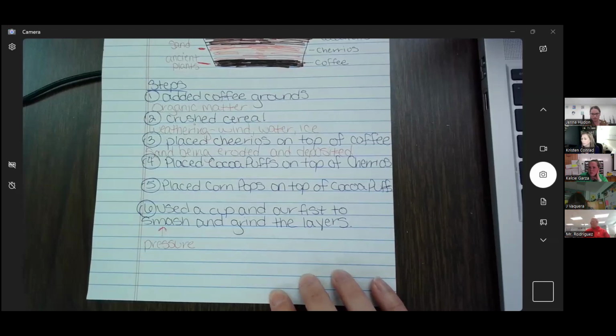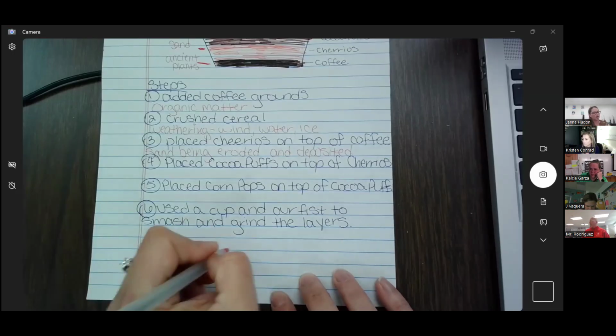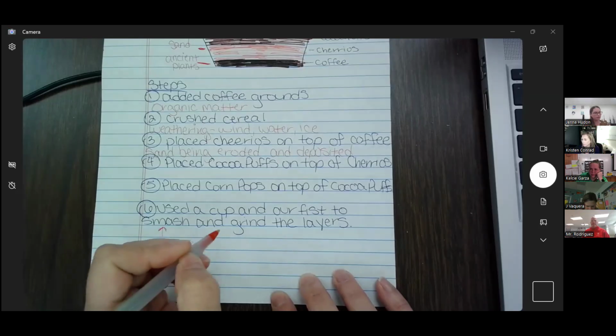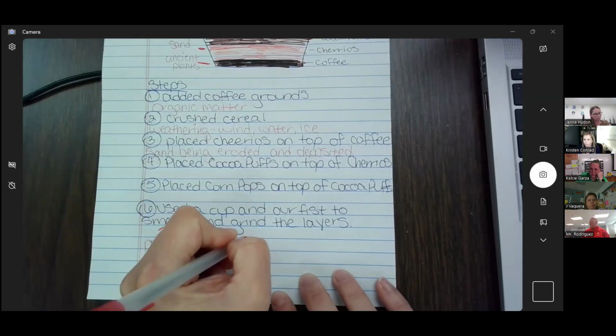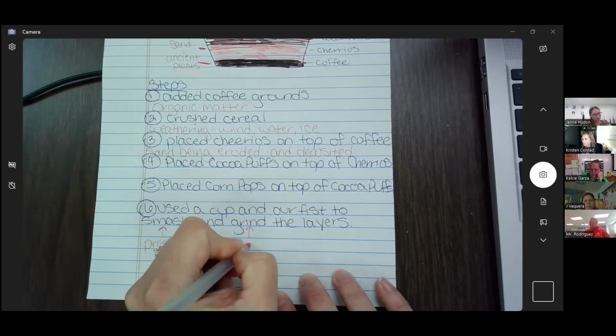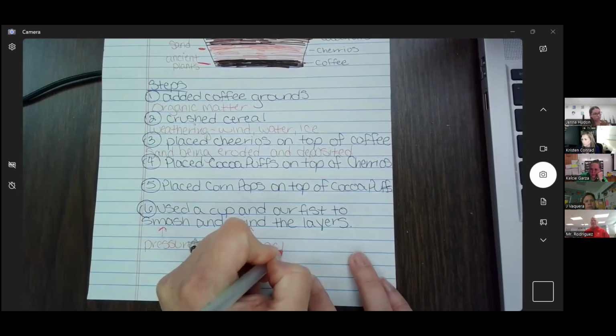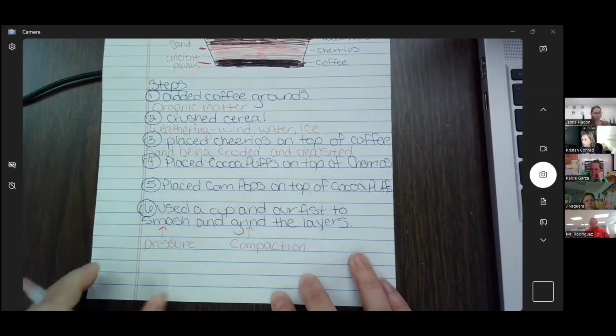The sediment is very heavy. And then the grinding is that squishing of it together, right? And it squeezes those particles together. The grinding squeezes the particles together. And so I'm then representing the compaction that happens. So the smashing is our pressure. The grinding is going to cause compaction.